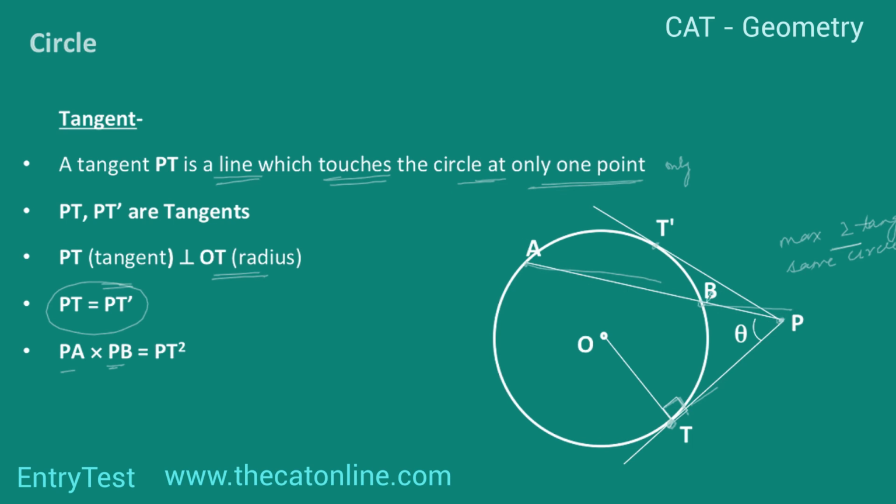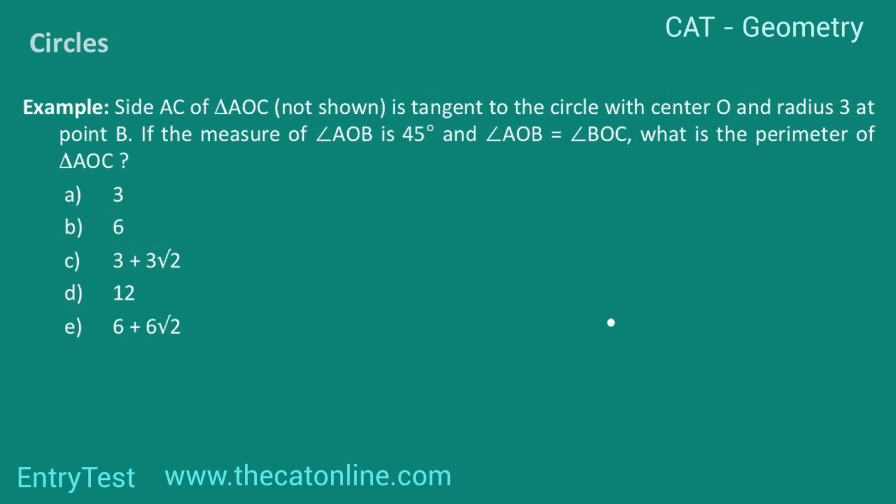So PA, the length of the line from the point of intersection to a point on the circumference of the circle, into PB, the length of the line from that same point of intersection to another point on the circumference, is equal to the square of the length of the line joining the point of intersection to the point of tangency. So very important: PA into PB has to be equal to PT square, and the lengths of the 2 tangents that you have are equal.